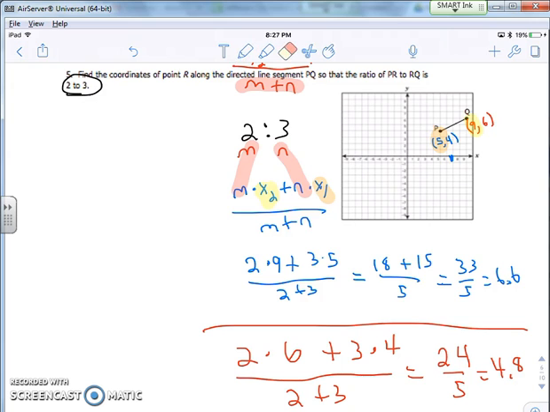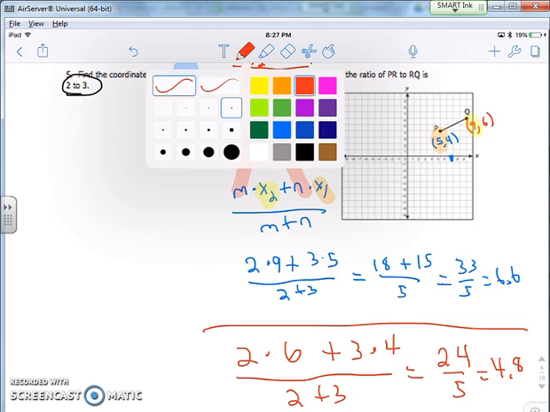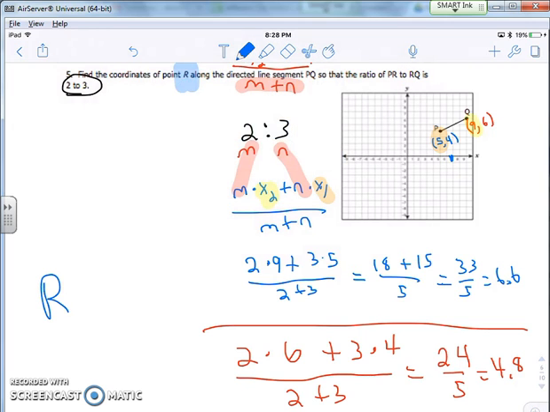So we go back up to the original problem and we see they want a point called R at that partition spot. So R is going to be 6.6, comma 4.8.